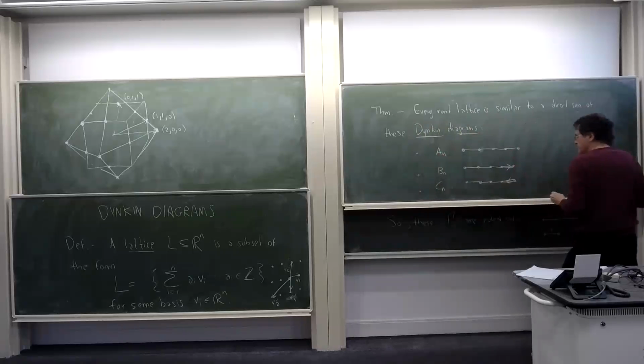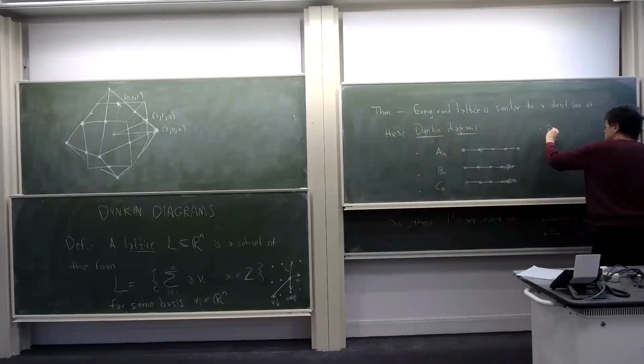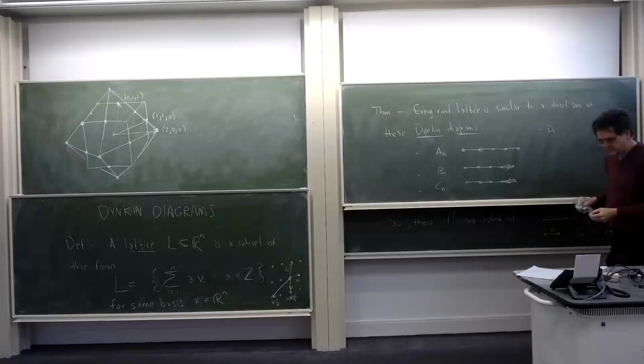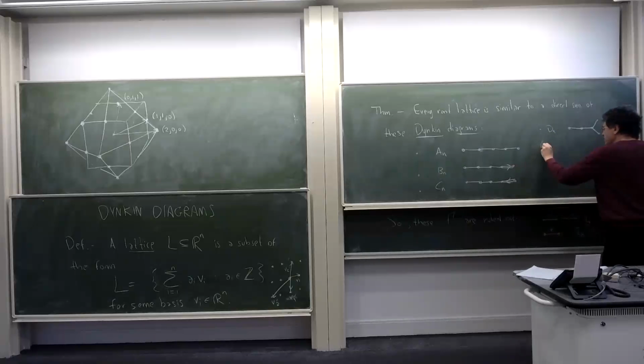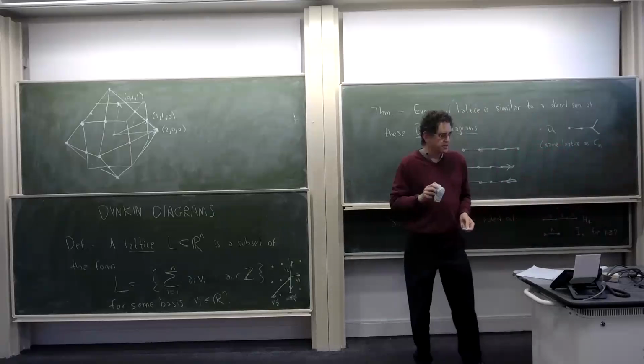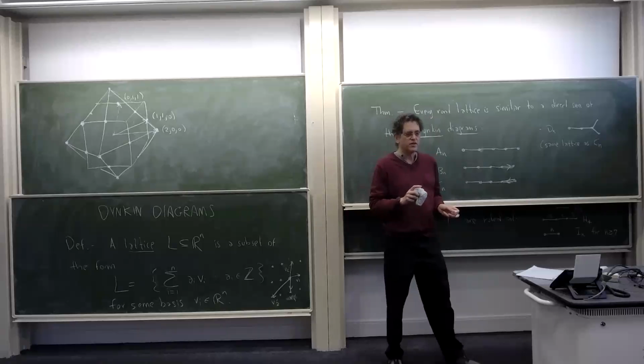You get that guy. You get these ones, Dn. Things like this. Interestingly, this Dn guy has the same lattice as Cn. But remember, I told you last time that Dn is the symmetry group of the demi-cube.